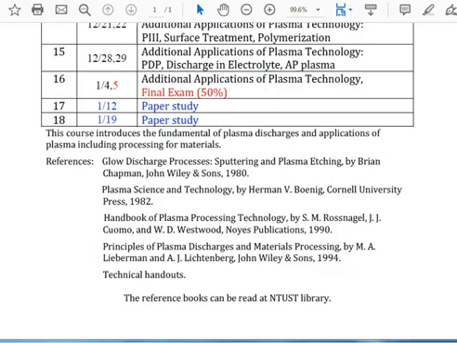We can also find class materials from the Handbook of Plasma Processing and Technology and Principles of Plasma Discharges and Materials Processing. So class materials come from these 4 books and some technical handouts or technical papers.